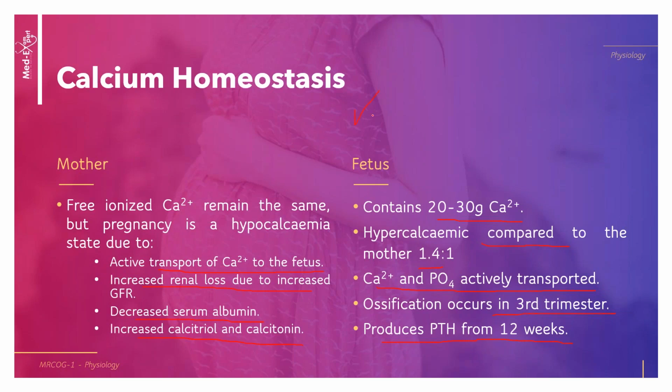I can say that this slide is very important. These are many exam questions. This is the summary of the changes which happen in pregnancy in the mother and the fetus, and we can say that this is the most important part in physiology in general, to know what changes happen in pregnancy.